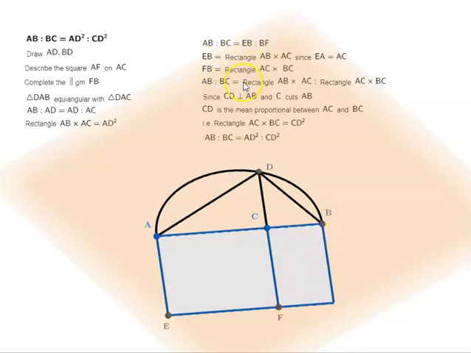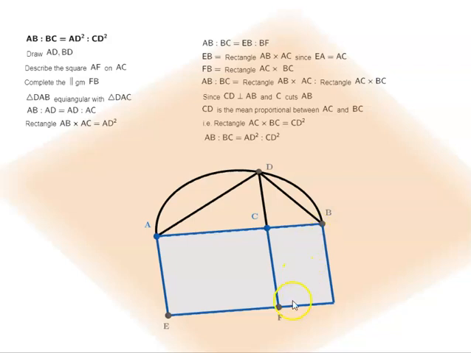Now EB is equal to rectangle AB by AC, because AF is a square. So AC is equal to AE. The rectangle itself is AB by AE. But since AC is equal to AE, we can say BE is equal to rectangle AB by AC.